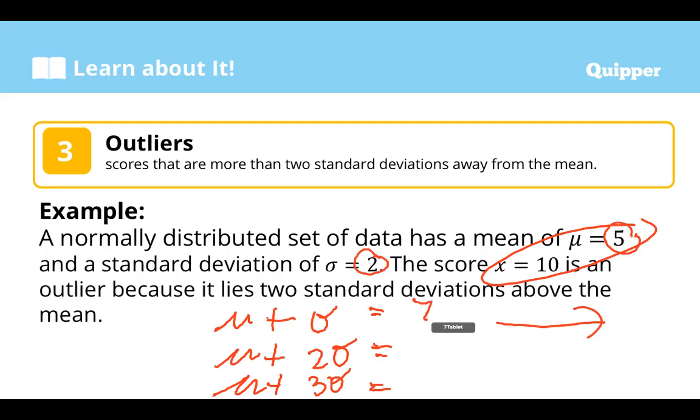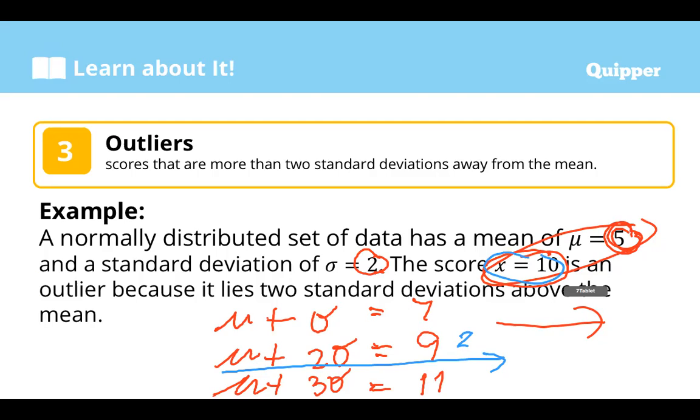And then, 5 plus 2 times 2, which is 9. 5 plus 3 times 2 is 6, that will be 11. Since our score is above, okay, nandito na siya, above doon sa ating 2 standard deviation rule, that means yung score na 10 is already an outlier.